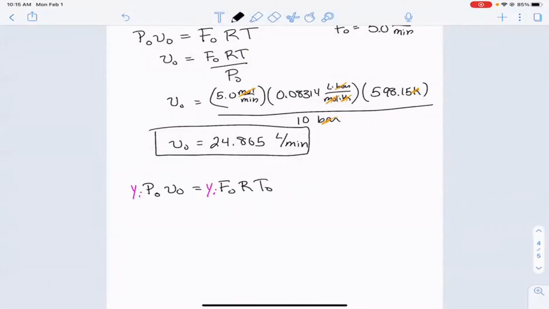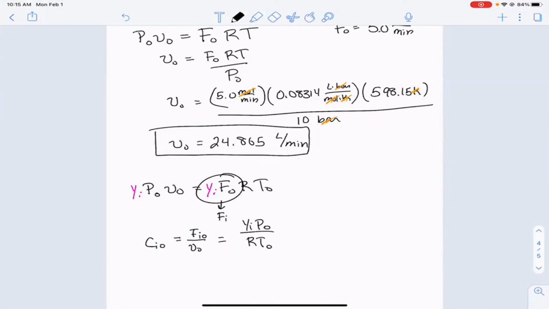And if I do that, I can slightly simplify it and say that this is just Fi, the flow rate of that species. So Ci0 really just equals Fi0 over V0, and that is equal to just Yi times P0 divided by R T0. Okay? And hopefully that makes sense.